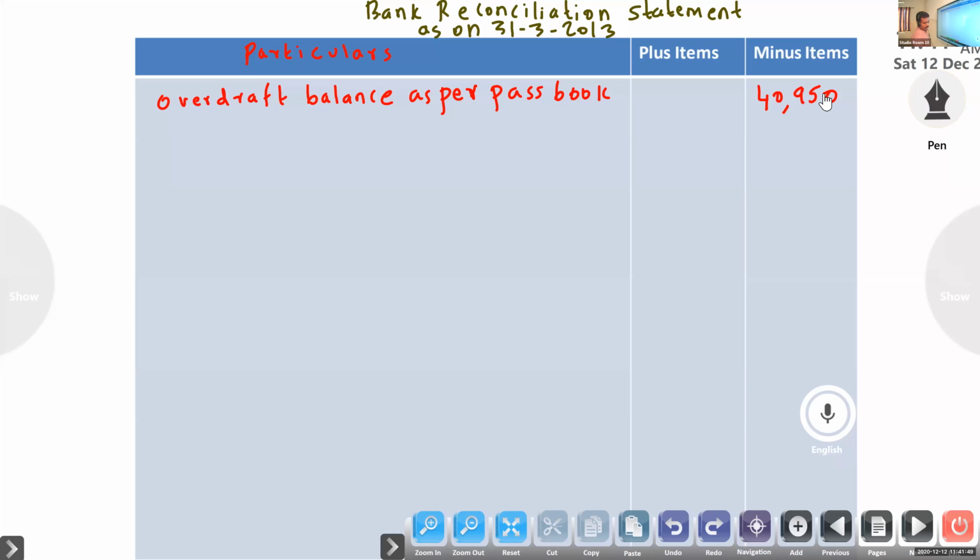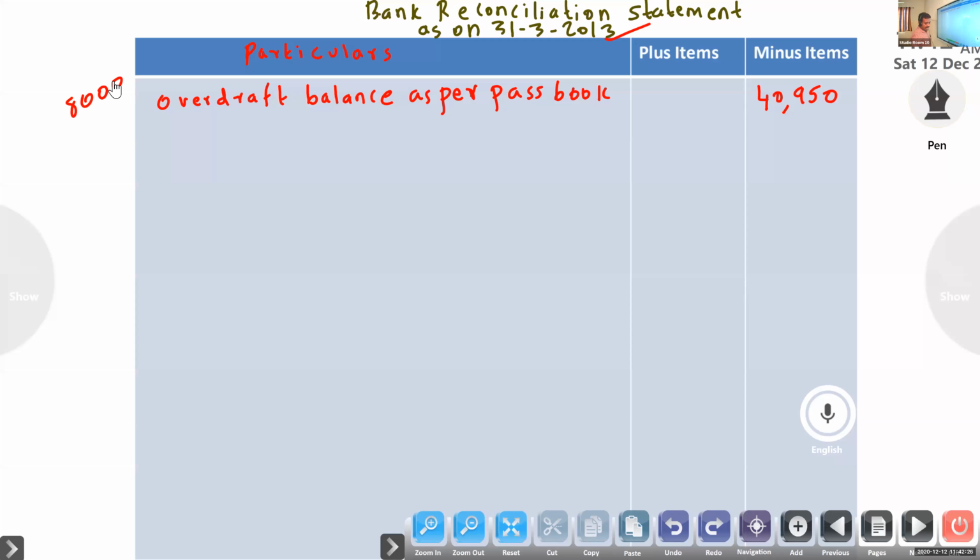Next, first point you look, date, it is very important. Out of checks amounting to rupees 8,000 drawn by Mr. Randir on 31st March, a check for rupees 3,000 was encashed on April 2014. So when we are preparing the bank reconciliation statement on 31st March, 8,000 was issued, that's no problem.